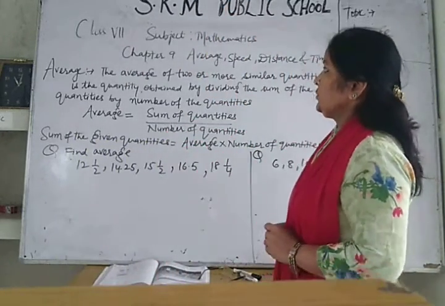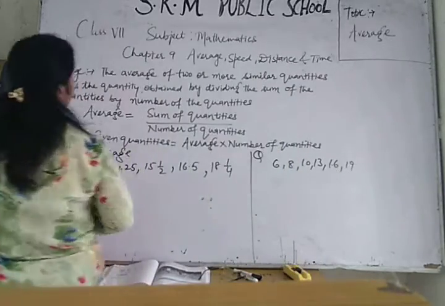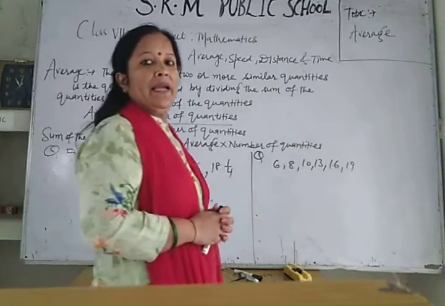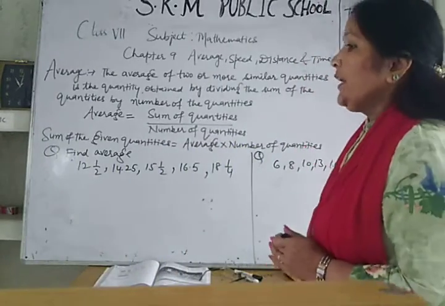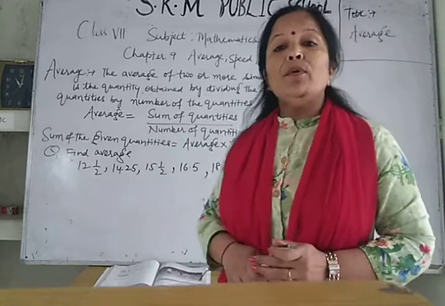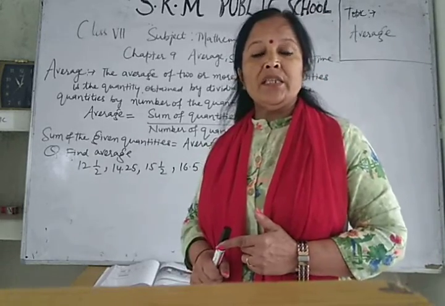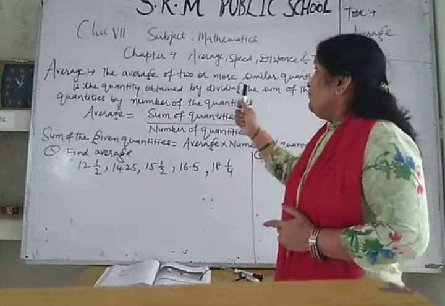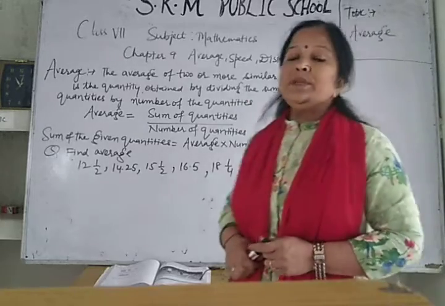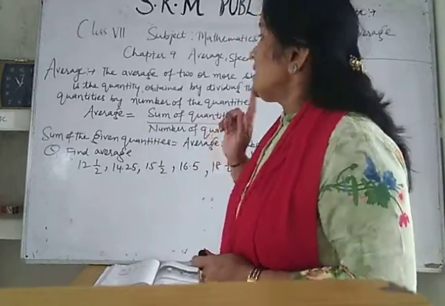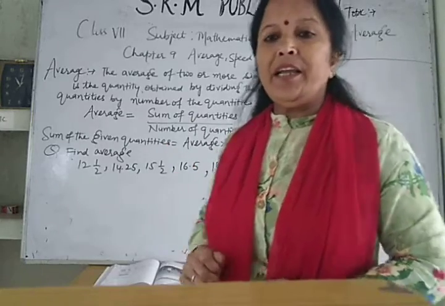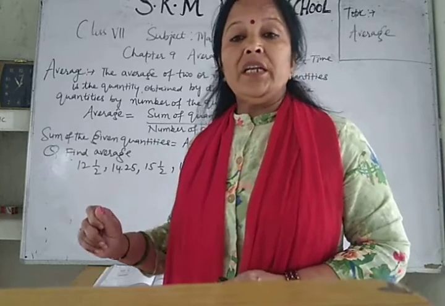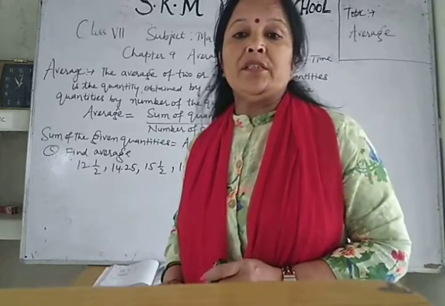The average of two or more similar quantities is the quantity obtained by dividing the sum of all the quantities by the number of quantities.